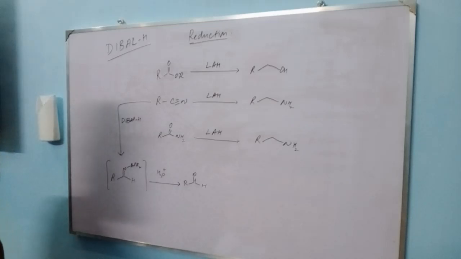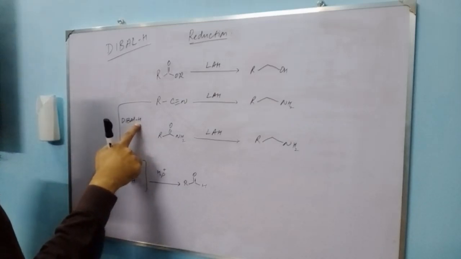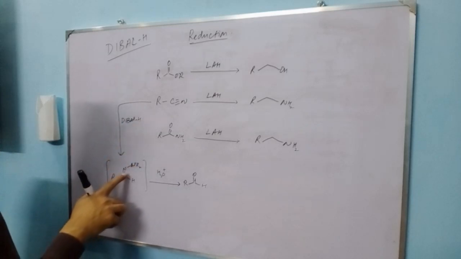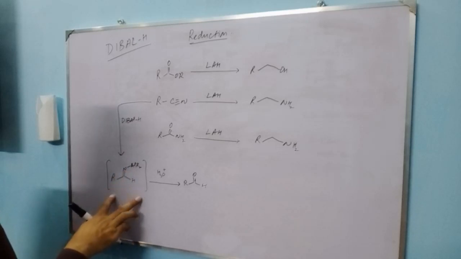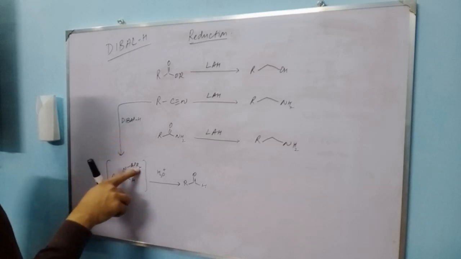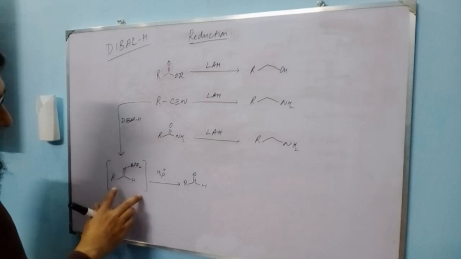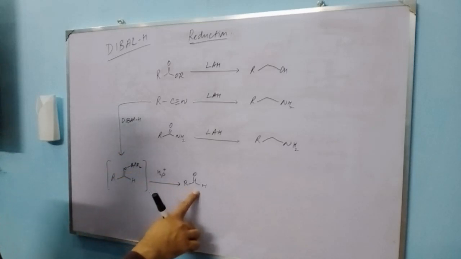Diisobutyl aluminium hydride has only one hydride, so this is attached here, and as a result we get this intermediate, and this is not isolated. This is R2, R2 means diisobutyl group. This is directly hydrolyzed using acidic water, and we can get the corresponding aldehyde.